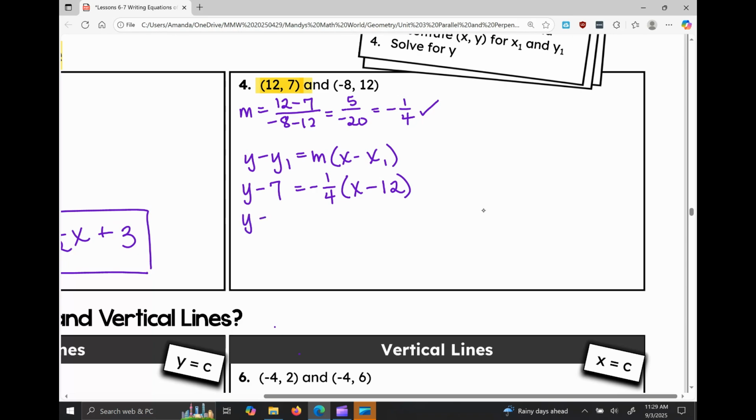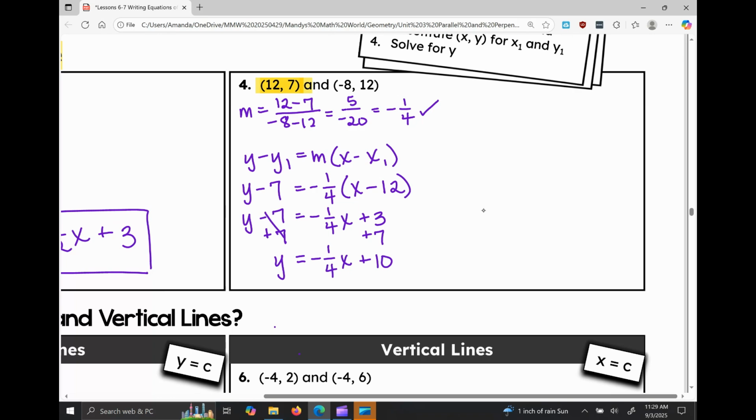So y minus 7, the first thing I'm going to do is distribute this -1/4 into each term inside the parentheses. So I get -1/4 times x, -1/4 times -12 is +3. I'm going to add 7 to both sides to get rid of this on the left side. Isolate y, get it all by itself, equals -1/4 x. Then 3 plus 7 is 10.